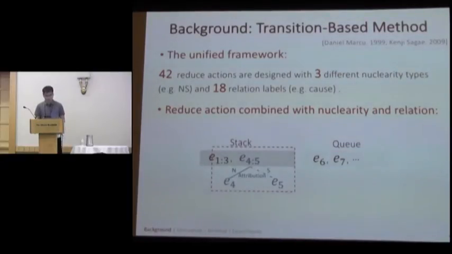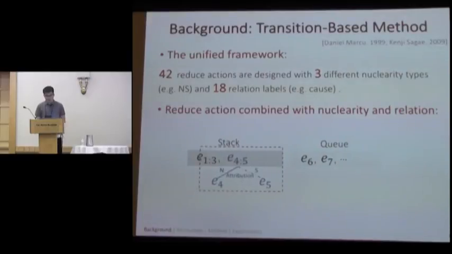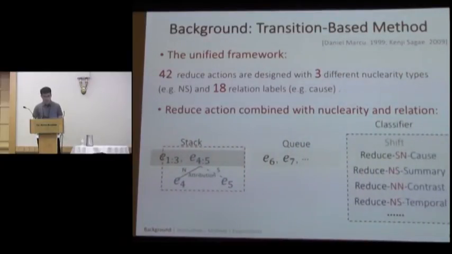This kind of combination guarantees that they can get the labeled parse tree using only one unified classifier. Here for the classifier, we can see that each reduce action actually has 3 parts. The first part indicates it is the reduce action. The second part is the nuclearity type. And the third part indicates the discourse relation.